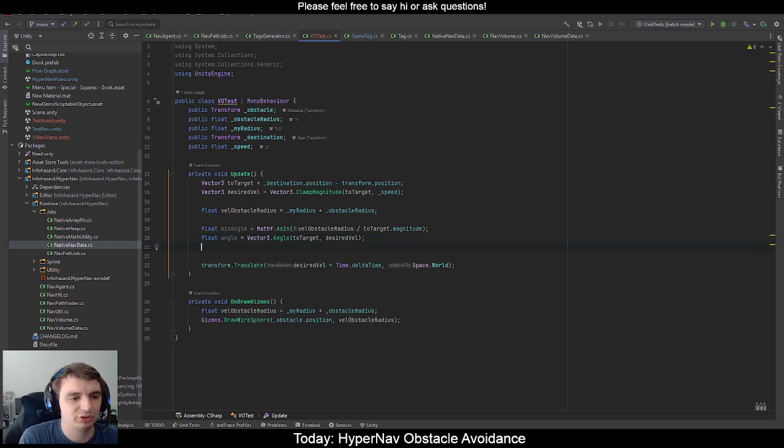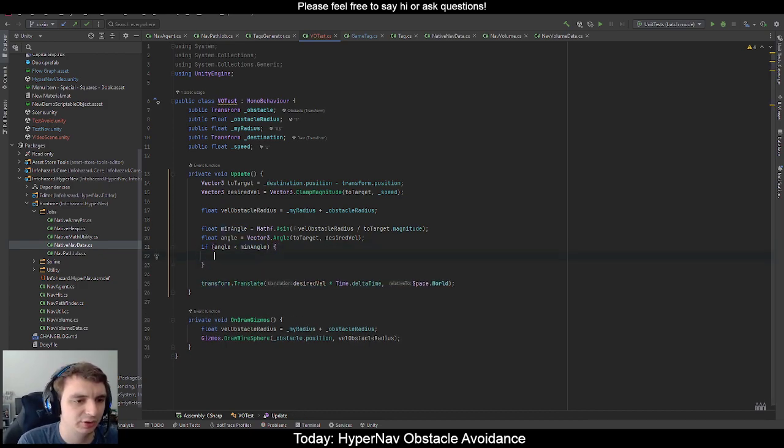So now we just say if min angle, or no, angle is less than min angle, this means that we are heading towards that sphere. Then we need to adjust our velocity. We need to rotate our desired velocity such that it will be on the edge of that sphere. So what's the best way to do that?